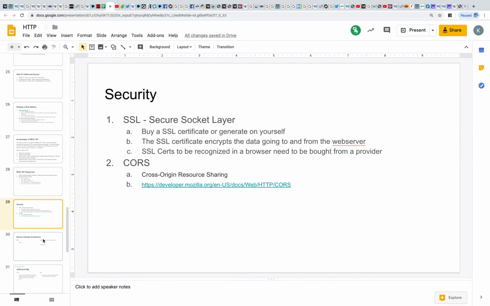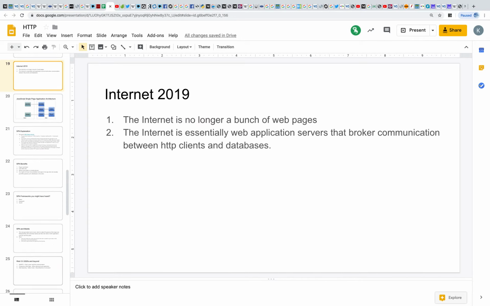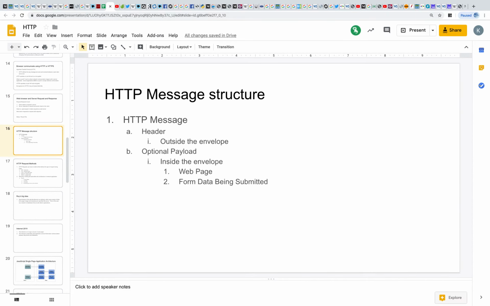What we've got to know about HTTP, from your point of view, the main stuff you need to be concerned with is the HTTP message. Imagine that HTTP sends messages back and forth between the client and the server. The HTTP message has a header and an optional payload. Imagine that the header is what's written on the outside of the envelope.